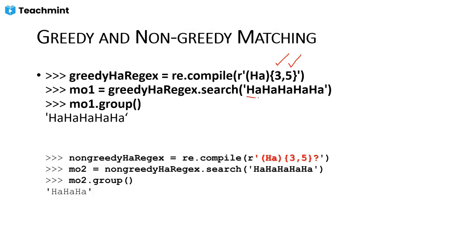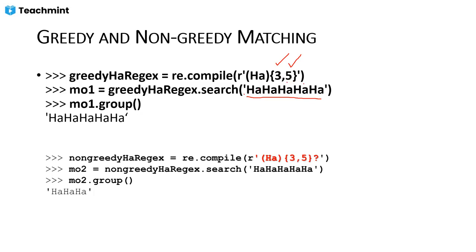Now check whether this is proper or not. Ha, ha, ha, ha, ha. There are 5 occurrences, so as per this, it is proper. But if two ha are given, it is invalid because the minimum is 3 and the maximum is 5.